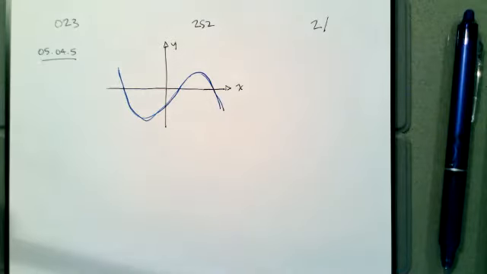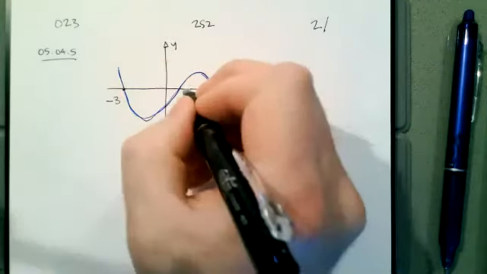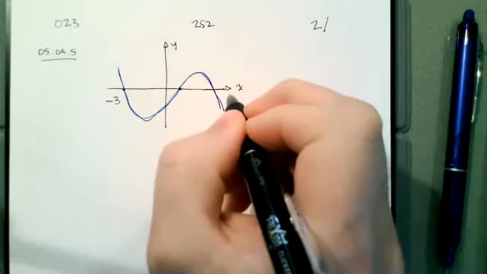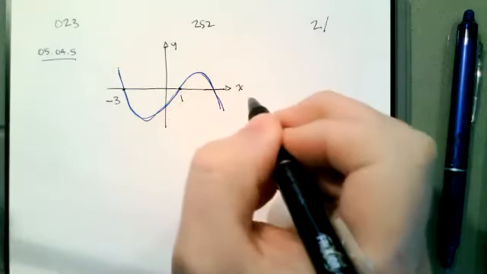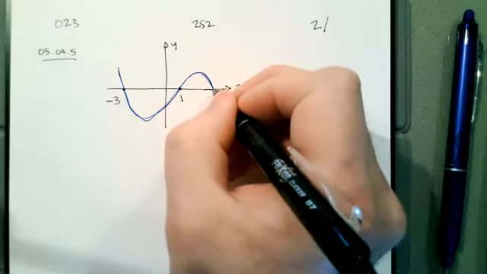It also looks like the zeros of this function happen at -3, which is relevant to our interests. It looks like this one happens at 1. And it looks like this one happens at about 3.5.